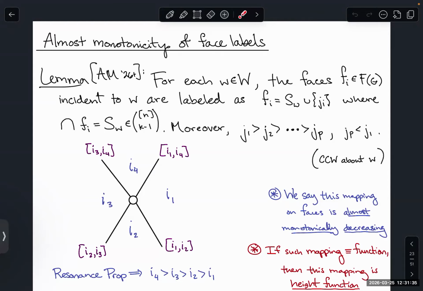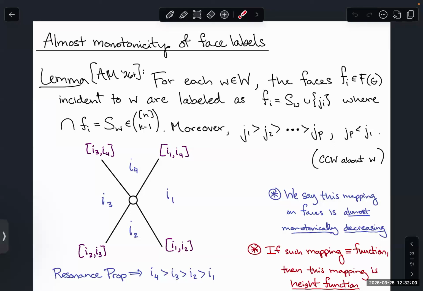So every face around any white vertex has the same k minus 1 subset of face labels, and then there's exactly one face entry that's changing. Moreover, if we go counterclockwise about this white vertex, there's an ordering such that the face labels are decreasing.